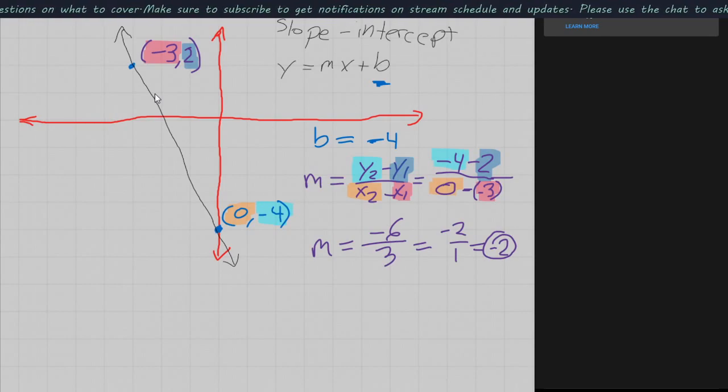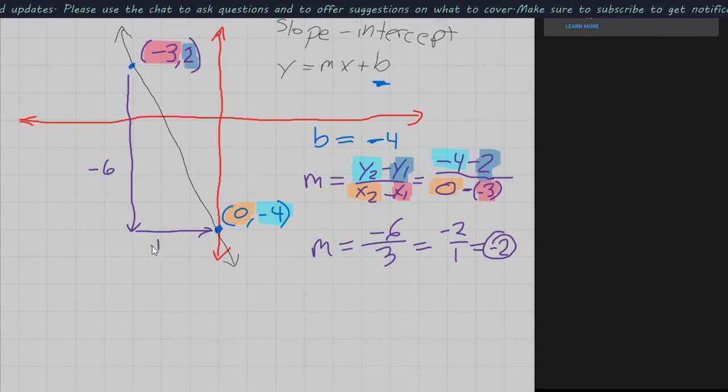Now let's say you didn't want to use the equation. Let's just see if we were to do this graphically, if we get the same thing. So we should get something along the lines of negative 6 over 3. So again, going from left to right, let's move down first. So change in y. So we're going to go down 1, 2, 3, 4, 5, 6. That's down 6. And then over 1, 2, 3.